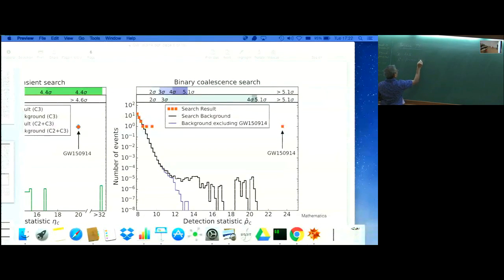H is the model that allows us to compute the likelihood.